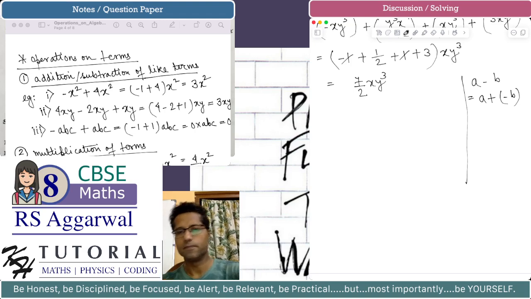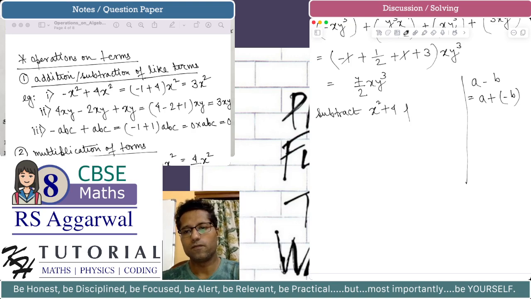So the same concept works in subtraction of terms. So let's say if we are asked to subtract x square plus 4 from minus 3x square minus 1 plus x.